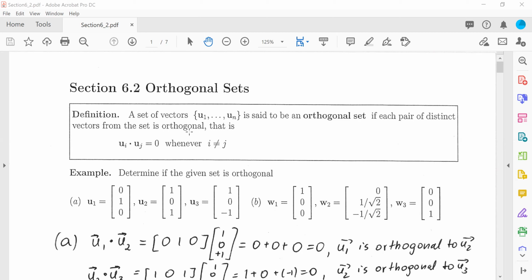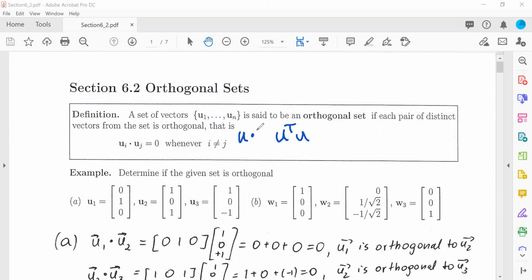What does that mean? Two vectors are orthogonal if their dot product is equal to 0. Let's recall the dot product of two vectors. The dot product of two vectors is nothing else but u transpose times v, right? This is the dot product.